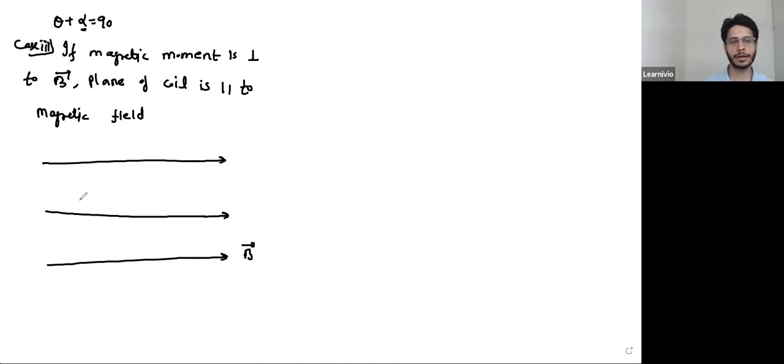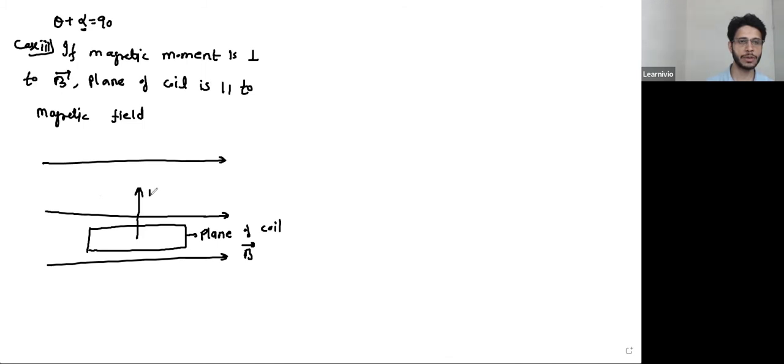So if this is your magnetic field and this is the plane of coil, this is the magnetic moment.